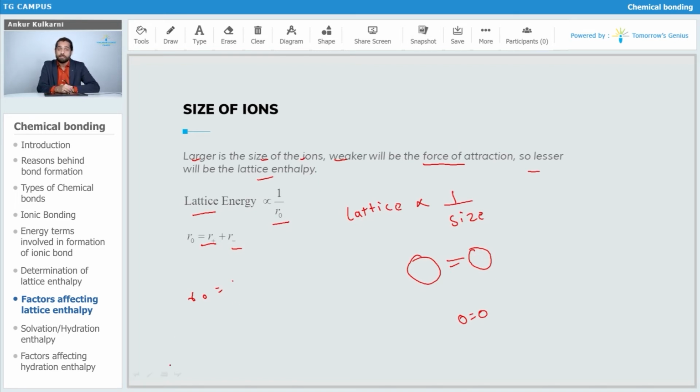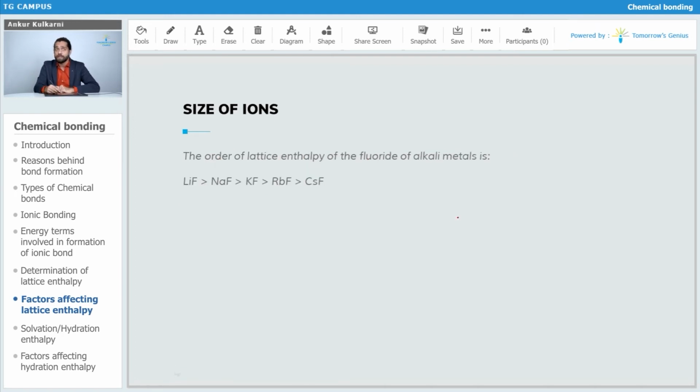Now let's look at some examples which consider the size of the cation and anion. On your screen you have lithium fluoride, sodium fluoride, potassium fluoride, rubidium fluoride and cesium fluoride. What is common in them? There are two things common in them. First, they contain the same negative ion, that is fluorine, correct?